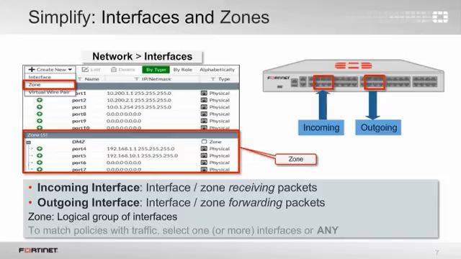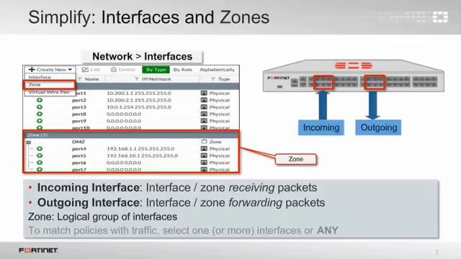For example, if you configure policies between port 3, LAN, ingress, and port 1, WAN, egress, and a packet arrives on port 2, the packet would not match your policies and therefore be dropped due to the implicit deny policy at the end of the list. Even if the policy is from port 3, LAN, ingress, to any egress, the packet would still be dropped because it did not match the incoming interface.